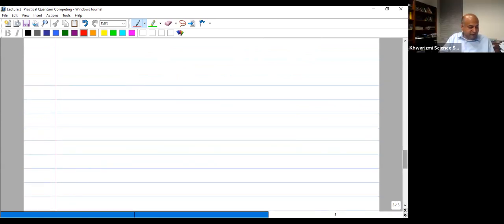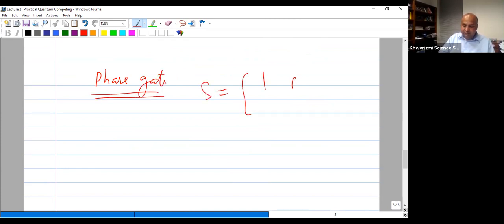Okay, so let me introduce the last gate that I would like to introduce for single qubit gates right now. We might have a few more gates down the line, but this is called a phase gate, and it has the symbol S. It has the form 1, 0, 0, i, because what it does is it transforms 0 into 0, but for the one state, it multiplies it with i, which is exponential i pi by 2.